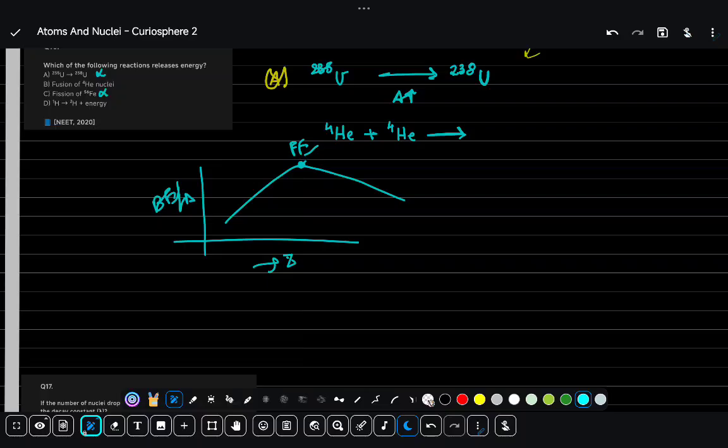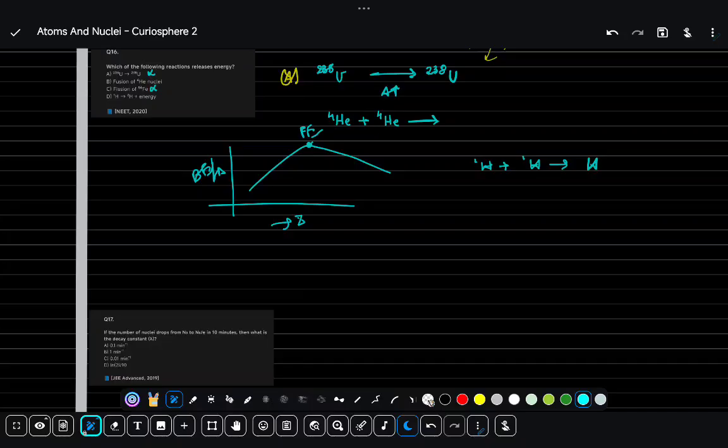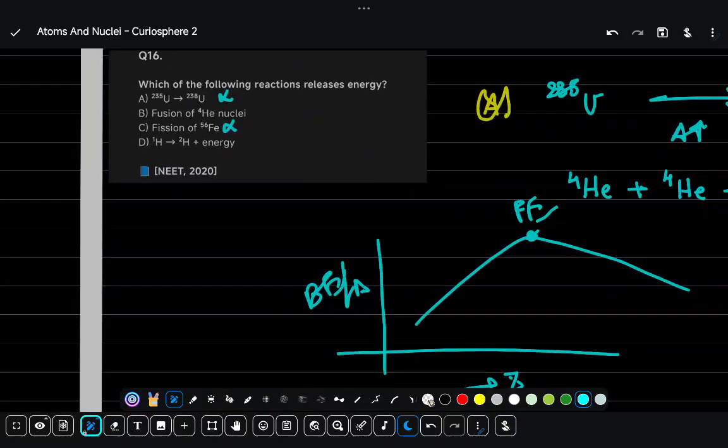Actually, the reaction is hydrogen plus another hydrogen undergoing fusion together to form deuterium nuclei plus energy. This will surely release energy, but here in this reaction one hydrogen nucleus is missing. So this reaction is not feasible, and we should not consider this option. So the answer is option D.